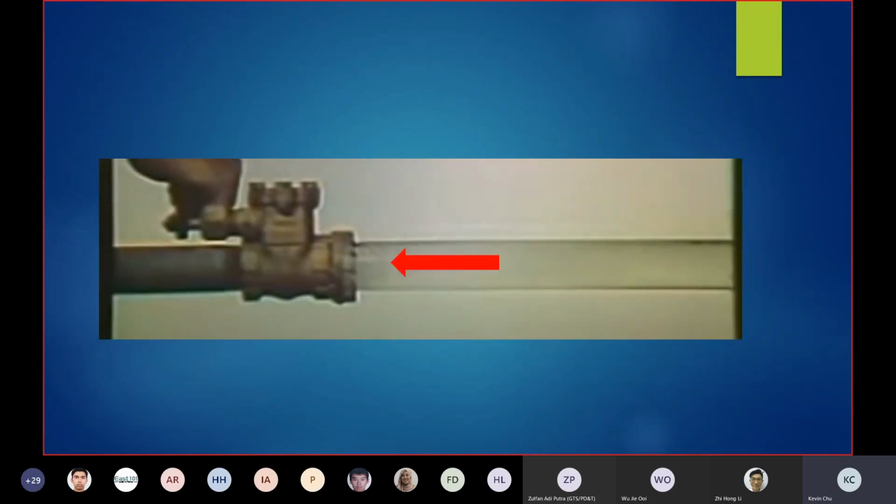Because of this vacuum region, the water which previously moved away from the valve body will move back towards the valve body due to the pressure difference, and the water will smash against the valve.